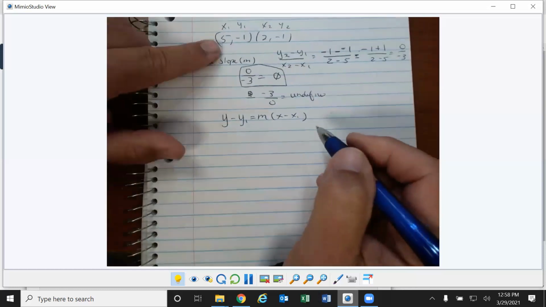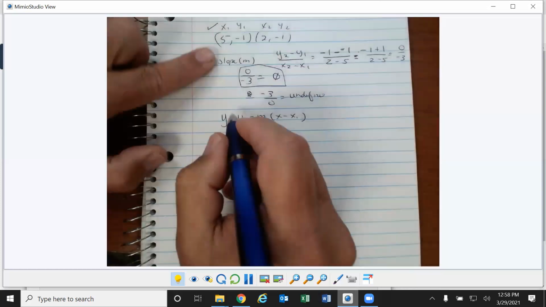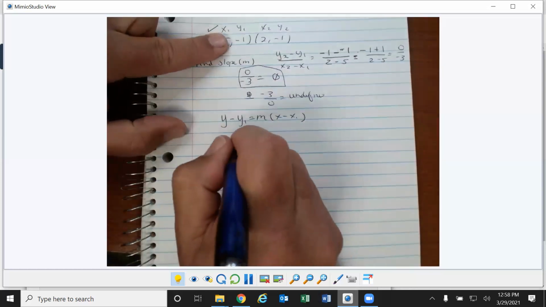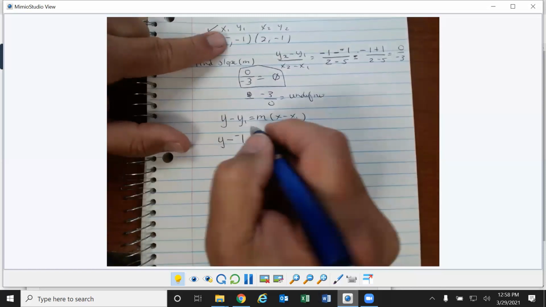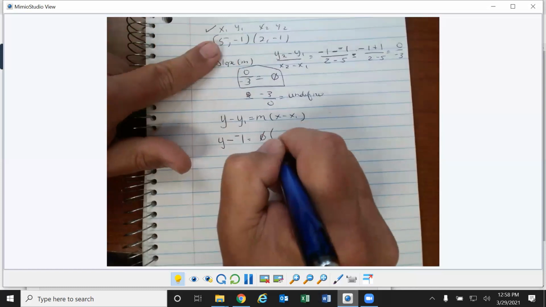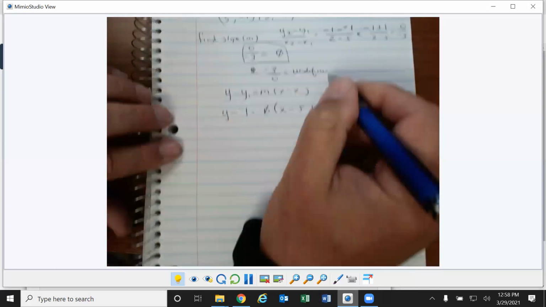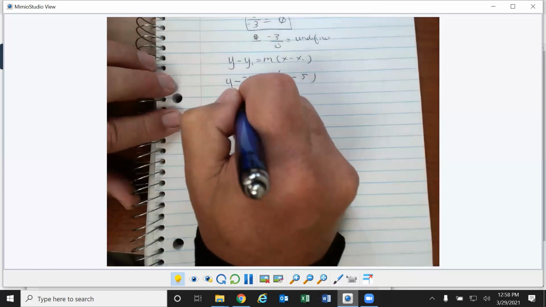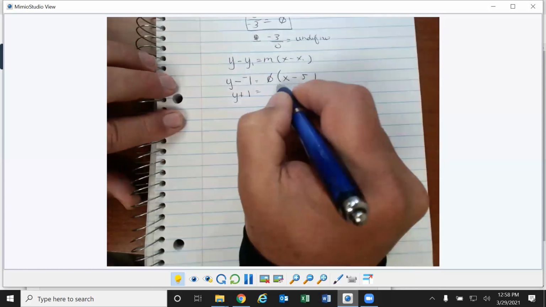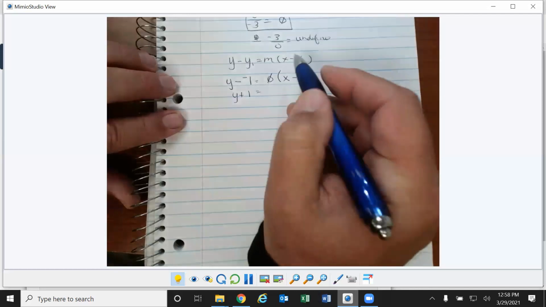So watch this. I'm picking a point. I'm going to pick this one again, so my y1 is -1. There's a subtract there. My slope is 0. My x is there, and my x1 is 5. Now, this is going to be y plus 1 equals 0 times this.